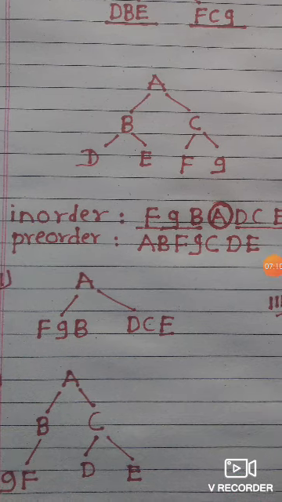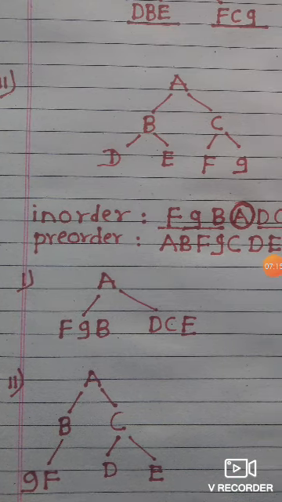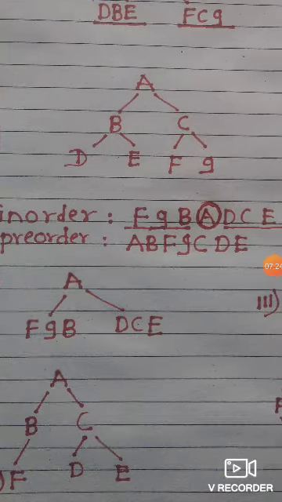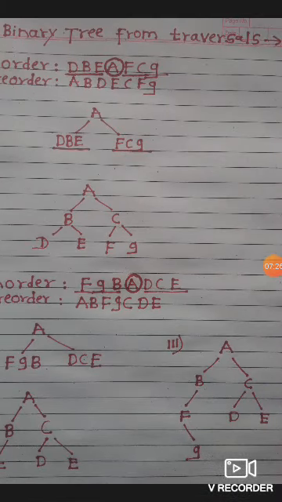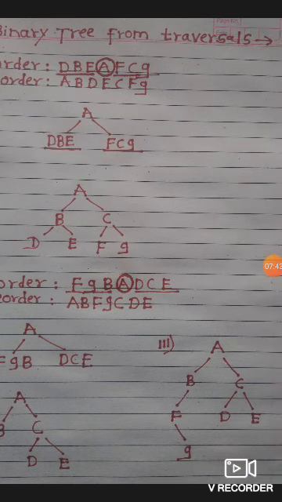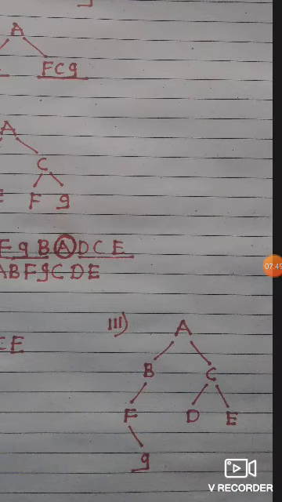Again, now this part is remaining. Out of GF, again I search which character comes first in the preorder sequence, and the character is F. Therefore, left of B becomes F, and from the in order sequence we search for character F. G is situated at the right of F, therefore G is added at the right of F. Therefore, the final sequence becomes like this.